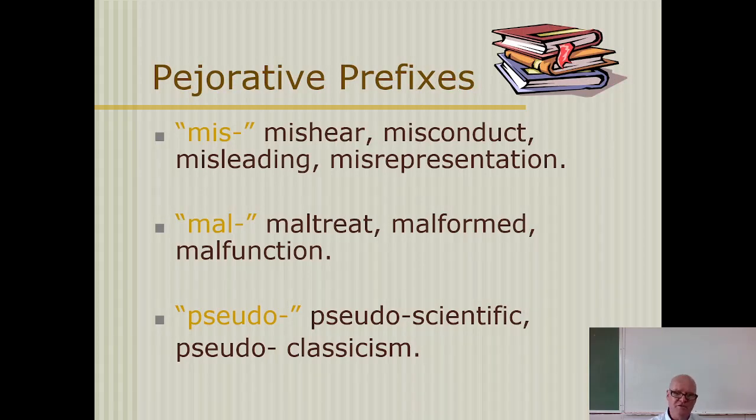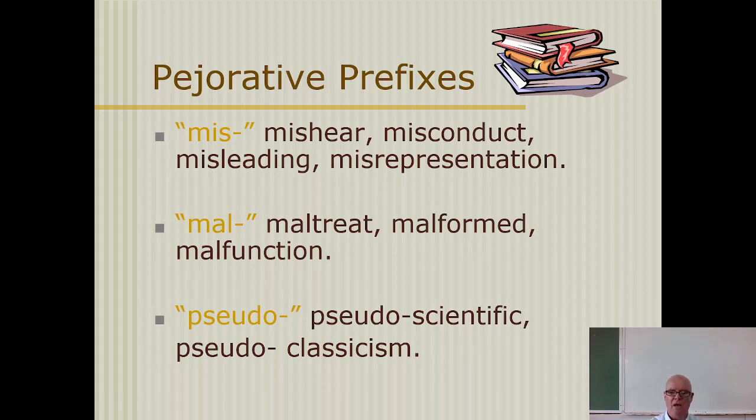The next, pejorative prefixes. So we have miss, we have mal, and we have pseudo. Pseudo, whoa, that's not an easy word to pronounce. So here you have miss: misconduct, misleading, misrepresentation.